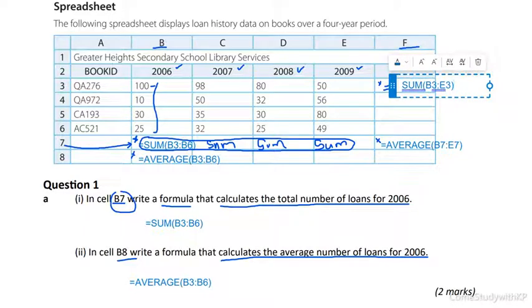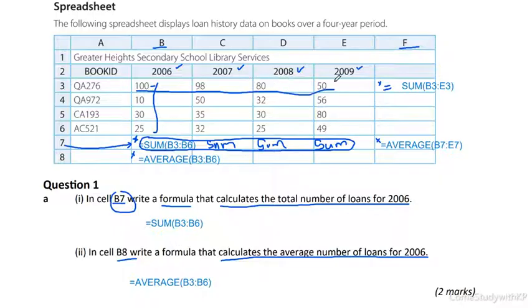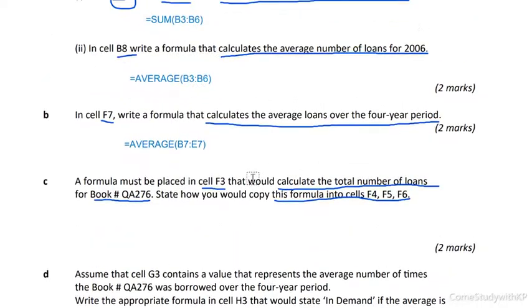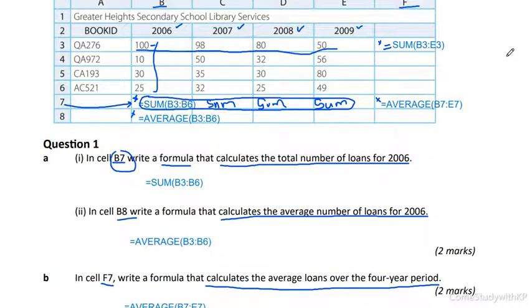That's all of these cells here, to give us the total. And the question is asking us to state how you would copy the formula into F4, F5, and F6.